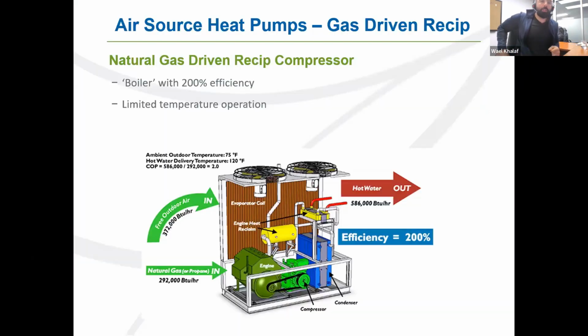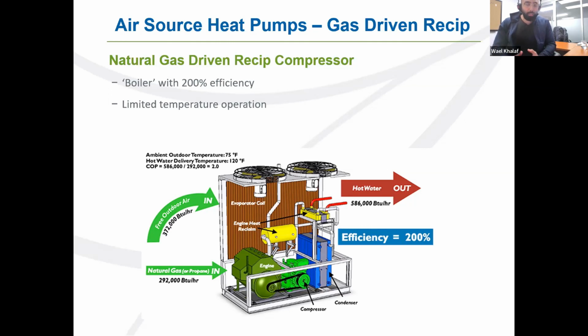So this is where we get into some interesting machines that are on the market that I don't know if most of you have seen or heard of, but they do serve a very particular purpose. Here we have something called a natural gas-driven recip compressor air source heat pump, which essentially acts as a boiler with around 200% efficiency.